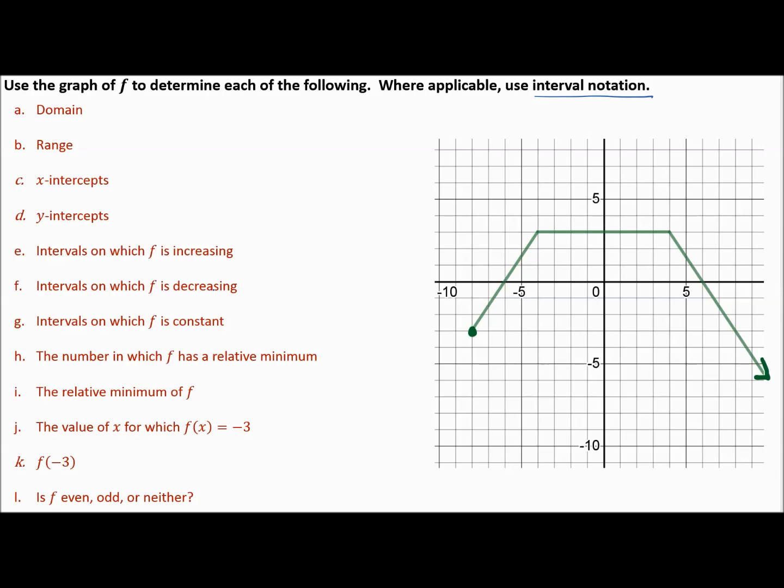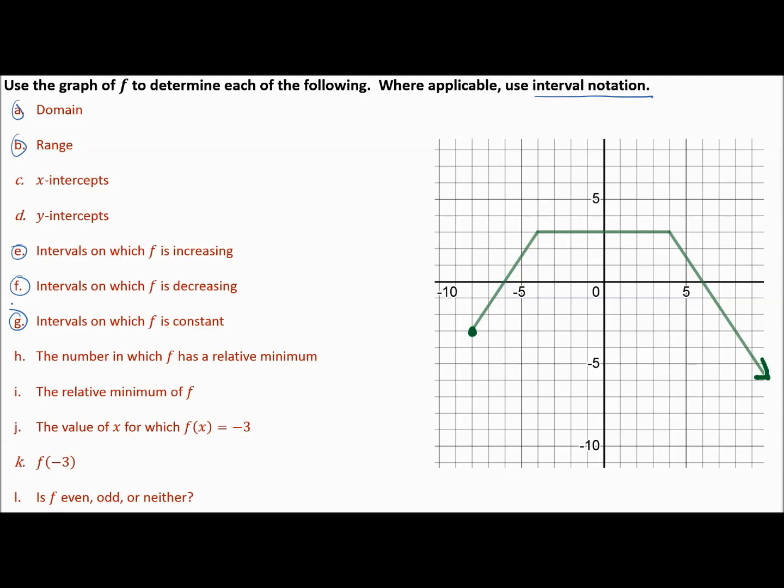But it looks like when I scan down, I'm going to circle these for domain, range. X and Y intercepts are just points, right? Increasing, decreasing, constant. And that appears to be it. Okay? Alright, so the rest of our answers will probably be points or just numbers. And we'll handle that individually as we go down.